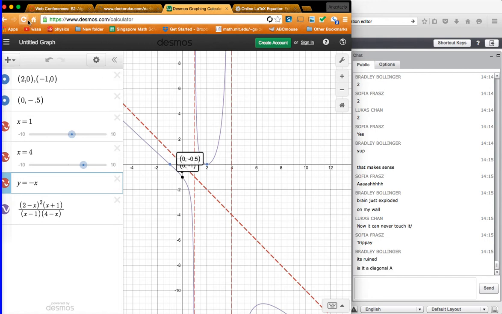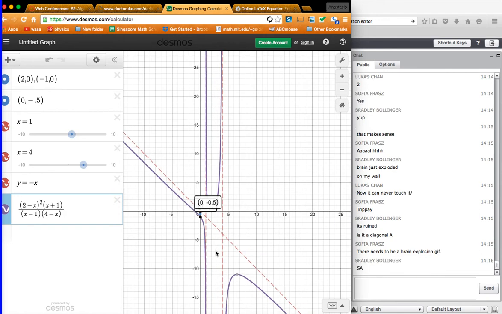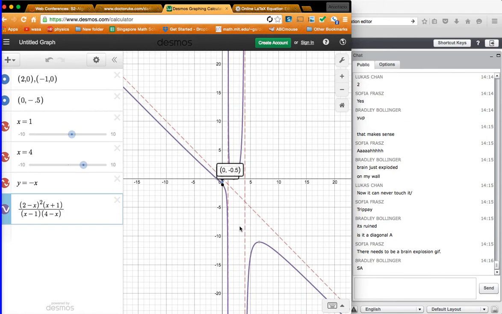I wonder if I reload this graph, it will mix it all up. Yeah, it's a diagonal asymptote. We actually call that a slant asymptote. Anyway, yeah, it's an SA. Exactly. In fact, that's the name for it. It's slanted asymptote right there.